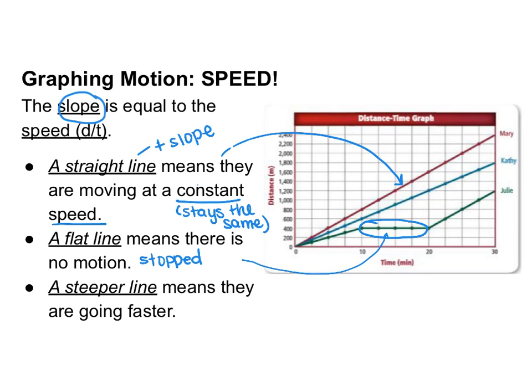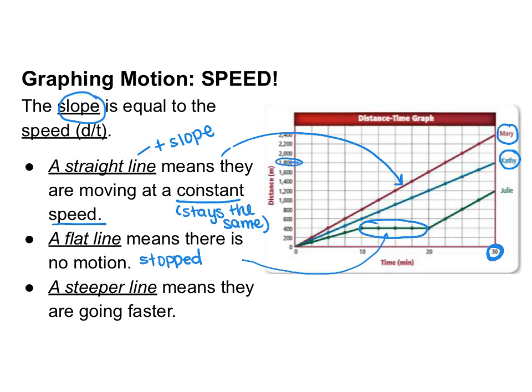Okay? And then when we compare the two lines, so let's say we're looking at Mary versus Kathy. They're both straight, so they're both moving at a constant speed. But Mary's slope is steeper. It goes up faster. So if they're both moving for 30 minutes, that's the maximum time here on our x-axis, Kathy was able to go, if we drag her line across, 1,800 meters.